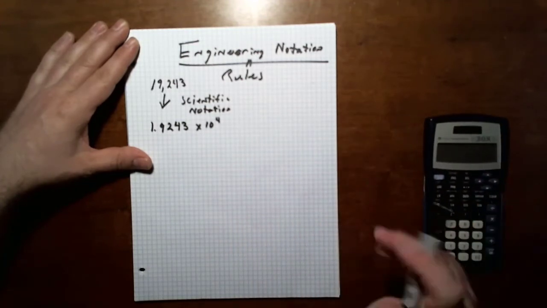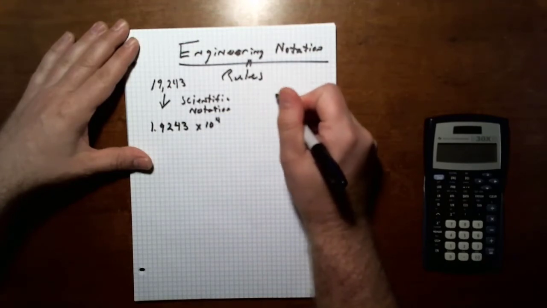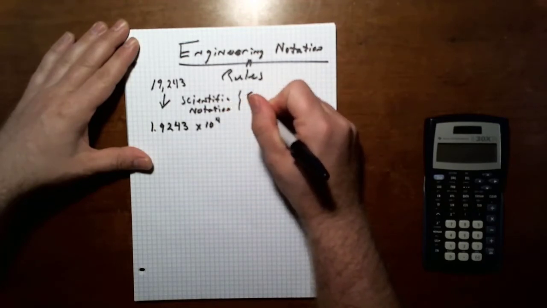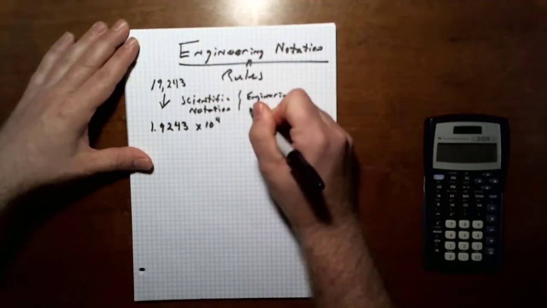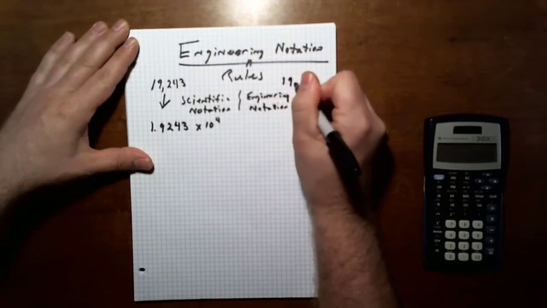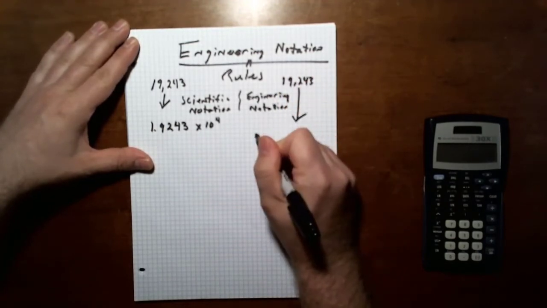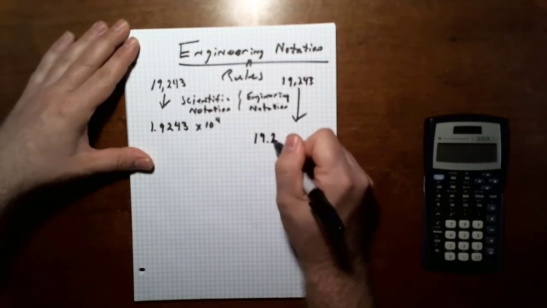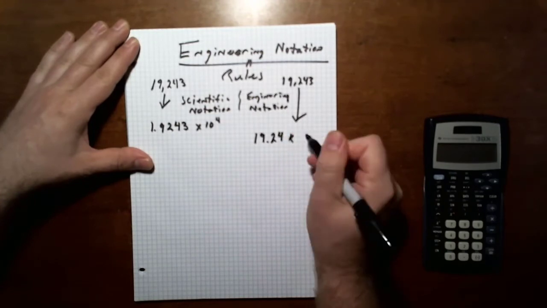But if I was going to write that in engineering notation, I would write 19,243 as 19.24 kilo something.